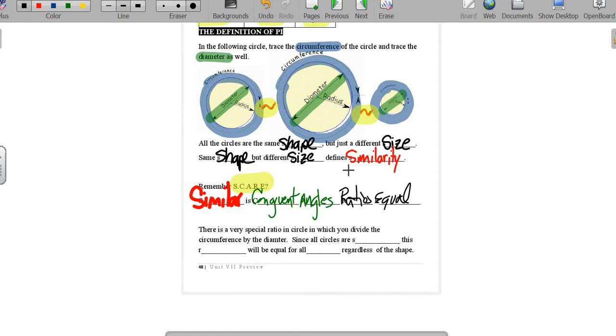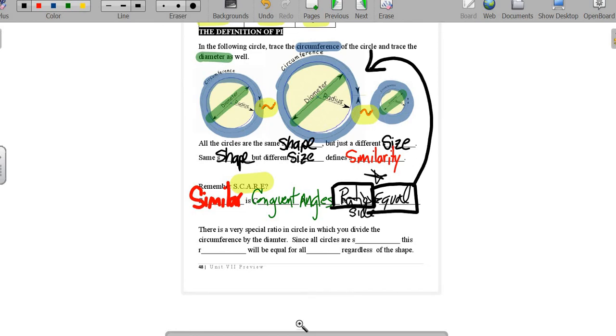Now, in our previous Unit 4, when we did ratios equal, it was all about the side ratios. Well, there are really no sides here. We're dealing in a circle, but there is an equal ratio for all of these. There's a very special ratio. So right here, I'd like you to box that word ratio. There is an equal ratio that is common to all circles.